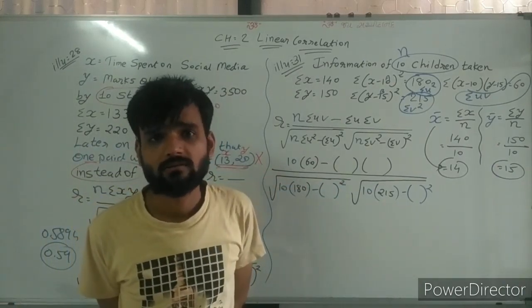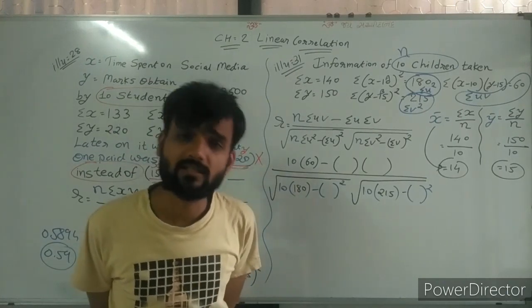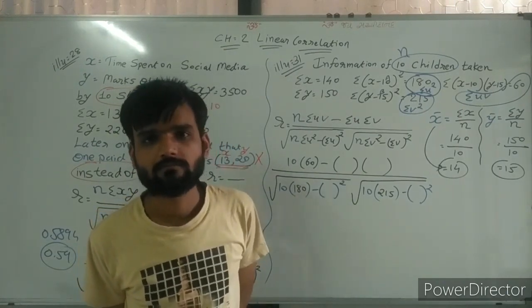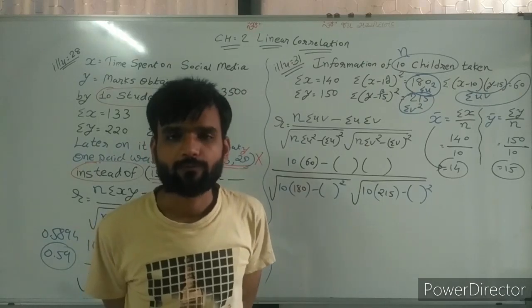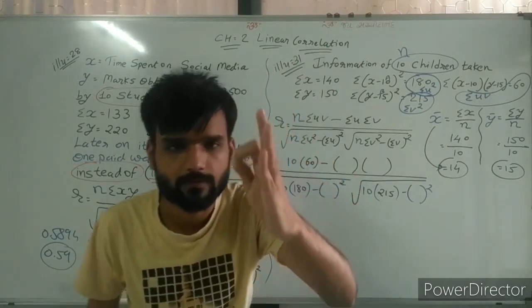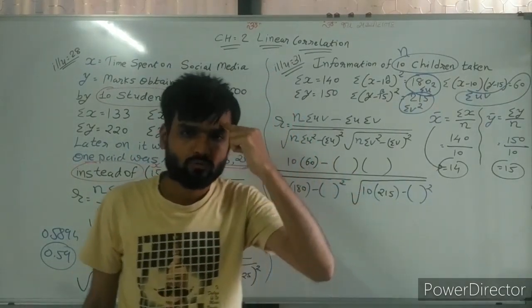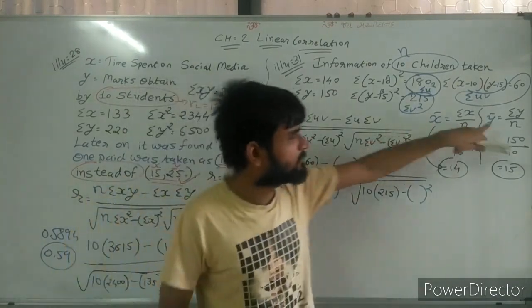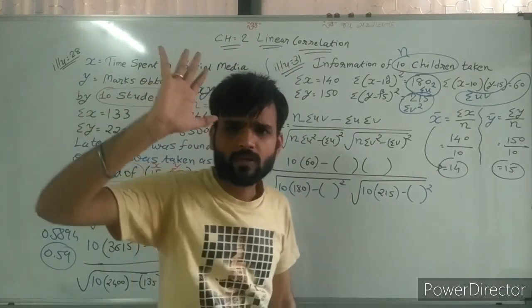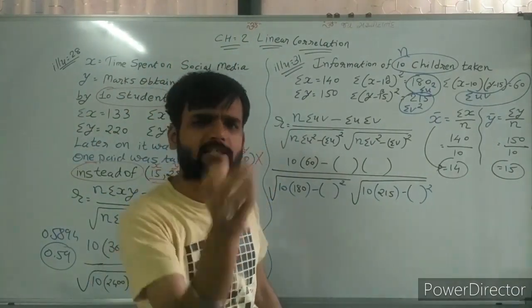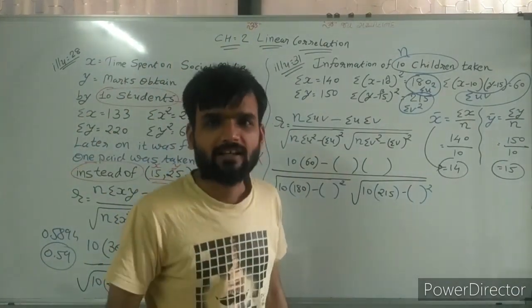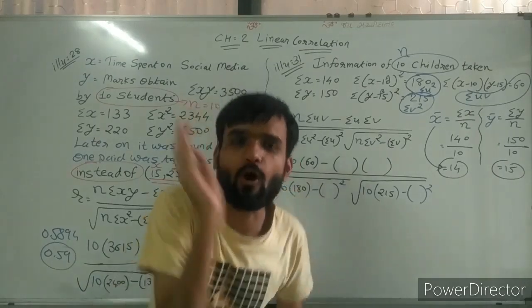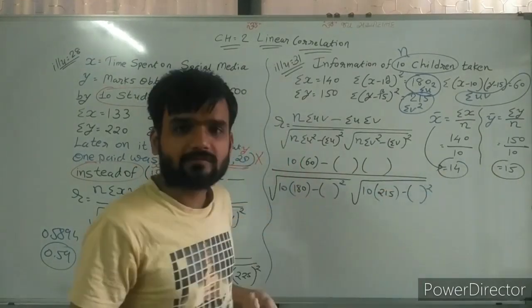Now tell us how we can find sigma u and sigma v. Remember one thing and try to understand. Whenever x bar and y bar are given and you need to find sigma u and sigma v, call the special guest.